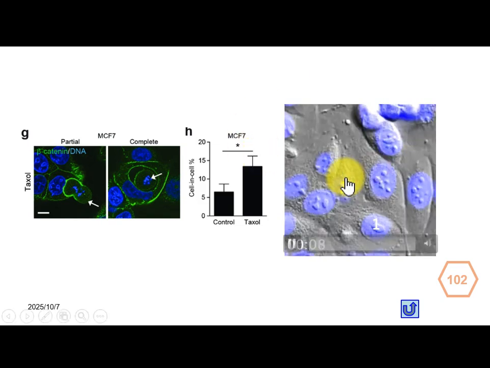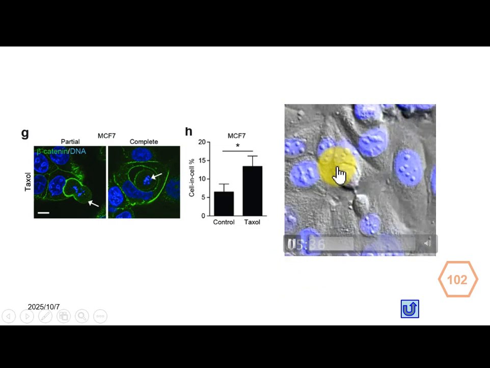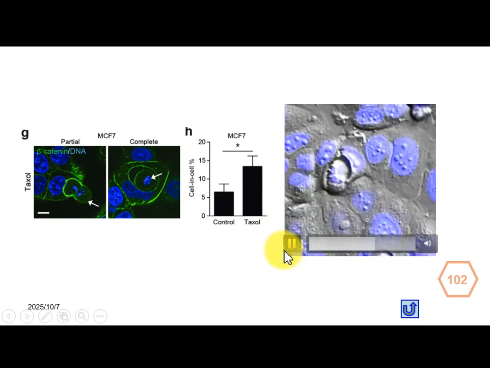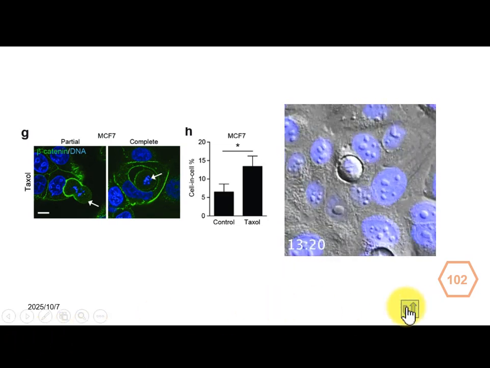This one here looks like a monster, right? I don't like it at all. The reason the cells are going to eat each other is because we're using taxol to kill them. In order to survive, they activate the autophagy mechanism.